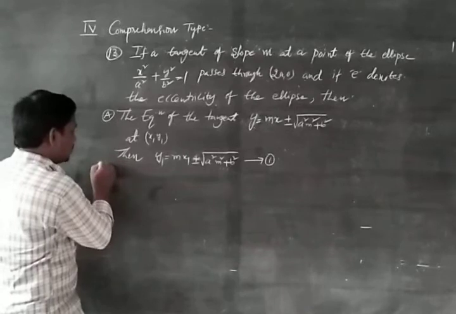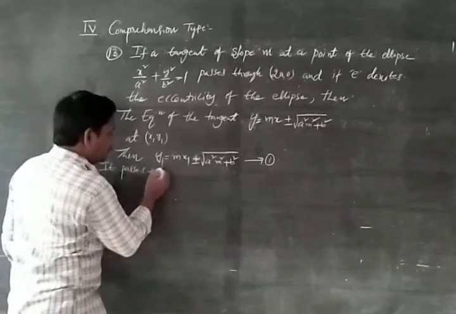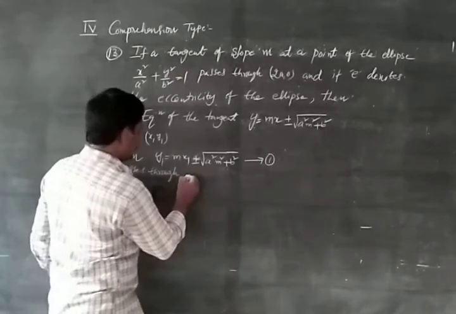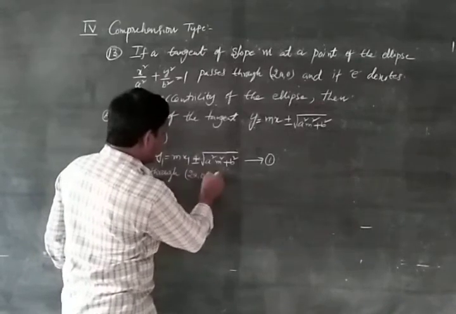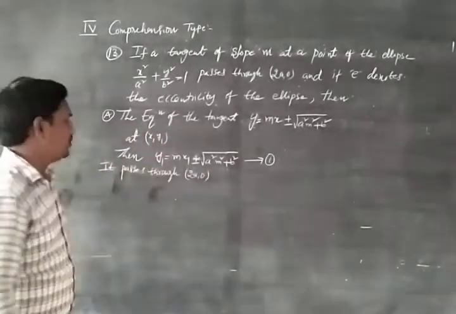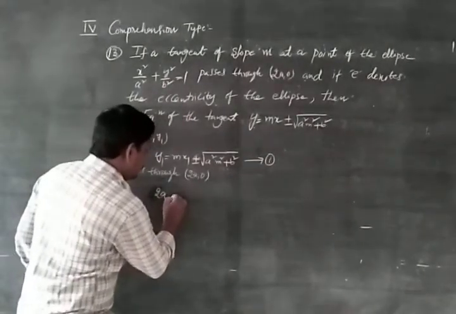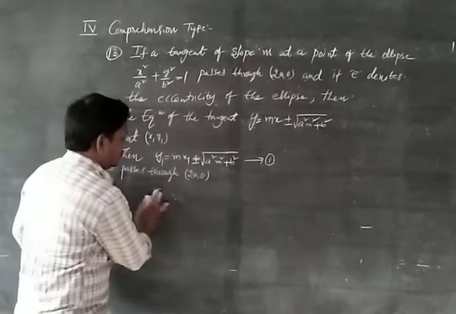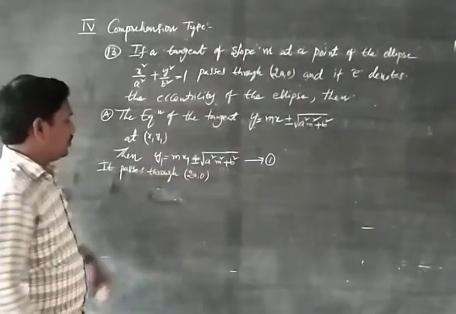What is the point given? It passes through 2a comma 0. So we have to substitute x equal to 2a, and here y means 0.